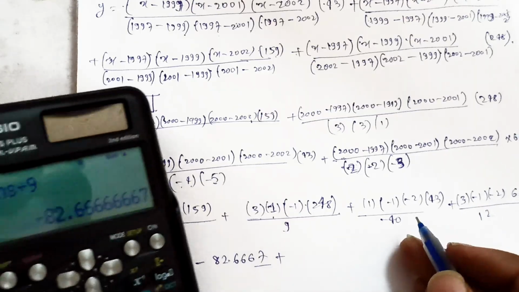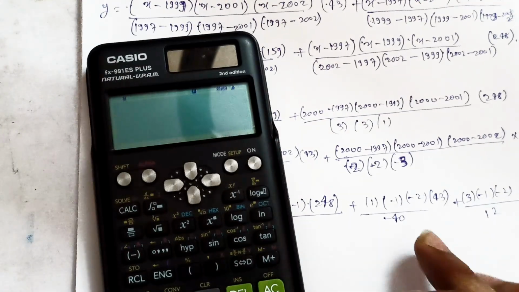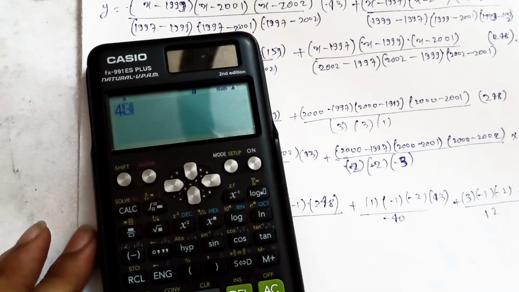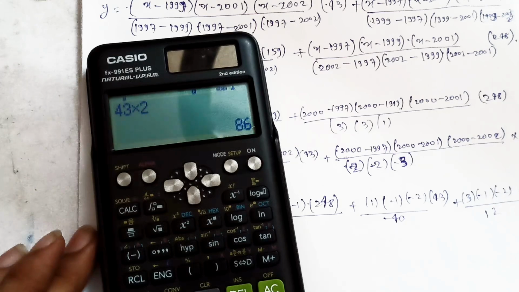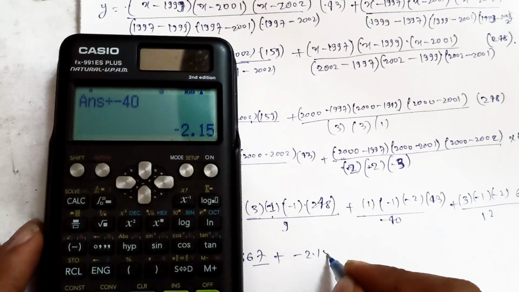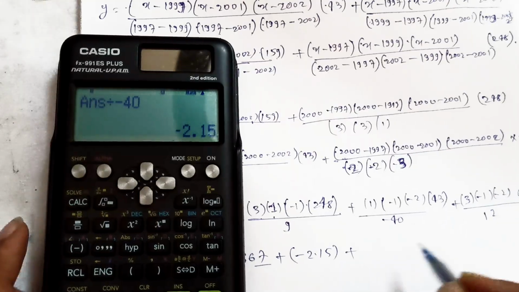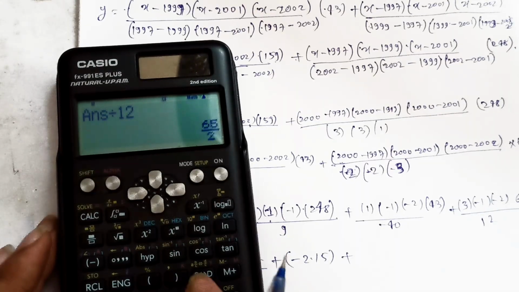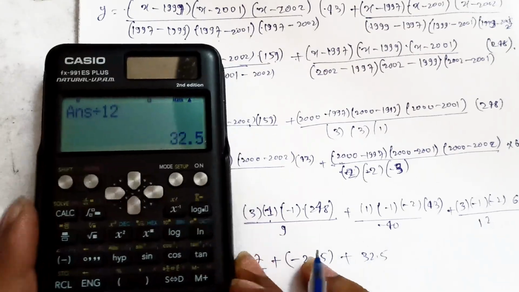And the next term is 1 into minus 1, then minus 2 into 40, minus 1 that will be plus, and 43 into 2, 86, and divide by minus 40, that will be equal to minus 2.15. And the next term is 3 into minus 1 into minus 2 into 65, that will be plus 390, and when divided by 12, we're going to get 32.5 here.